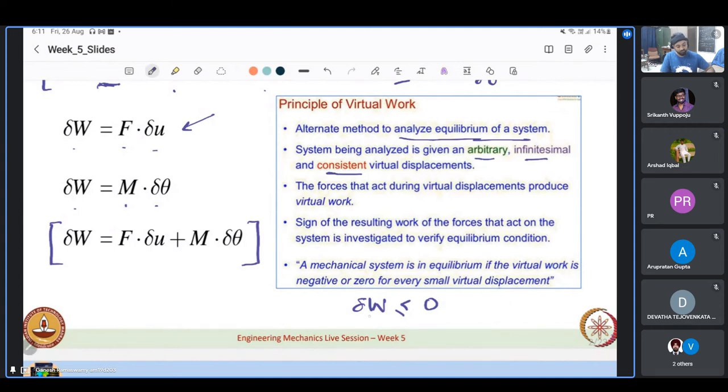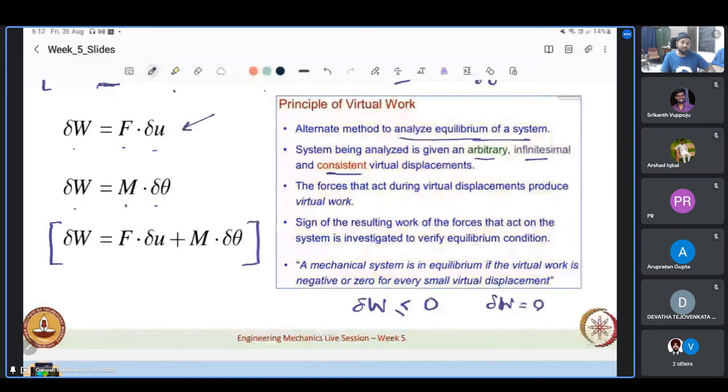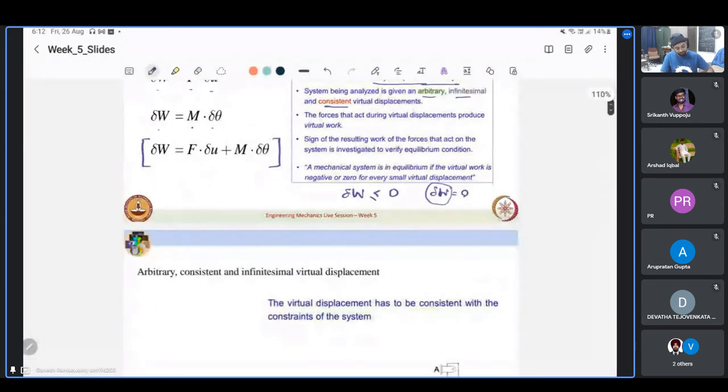So we will equate the virtual work to 0 in order to analyze the system. This quantity will have some unknown forces, and we have an equation to solve for them. That is the key concept here.